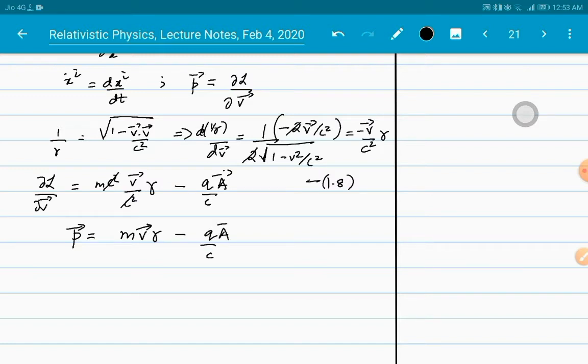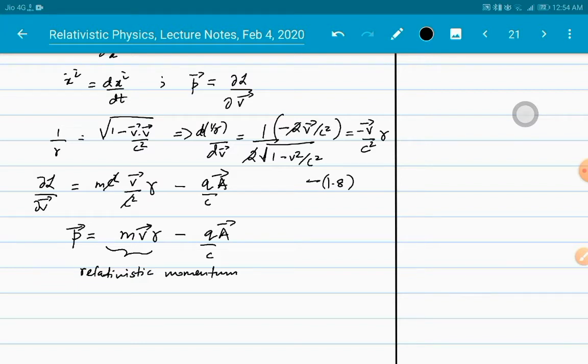So now here we notice one interesting thing. The first term is the usual relativistic momentum for a point particle, right? So it's mv, non-relativistic momentum, multiplied by the Lorentz factor gamma.